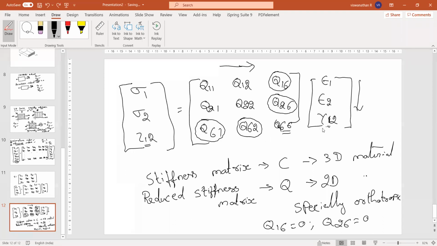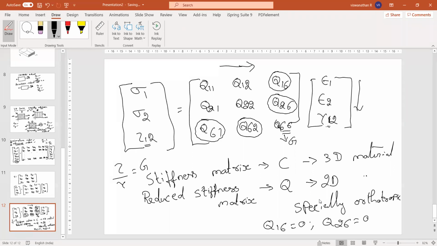How is shear stress and shear strain related? G, sir. Shear stress by shear strain is G. Q66 is nothing but what? G. So for shear stress, this Q66 term will be there. So in a specially orthotropic material, when you have extensional stress, you don't get a shear strain. If you have a shear stress, you get a shear strain. For extensional stress, you don't get a shear strain.